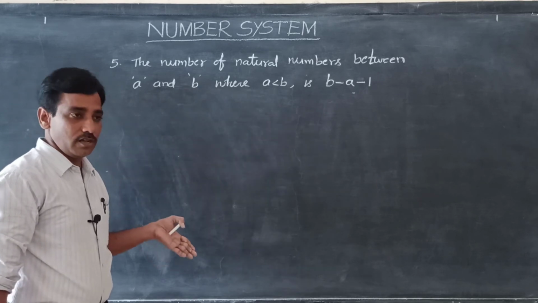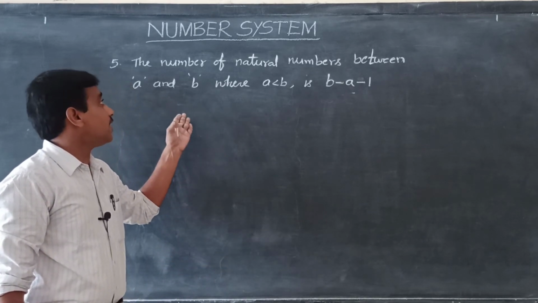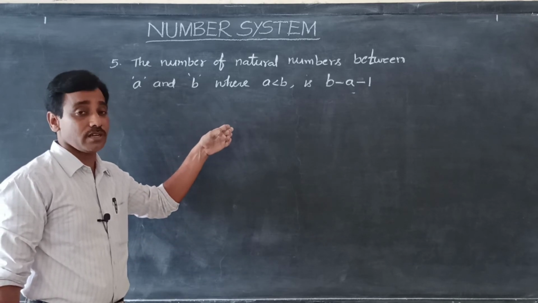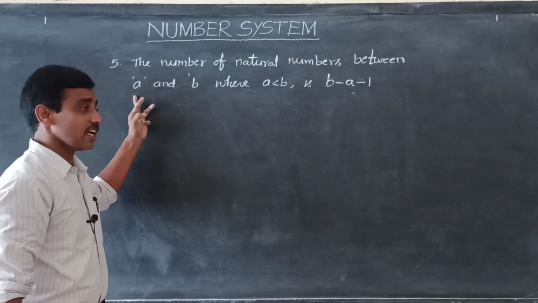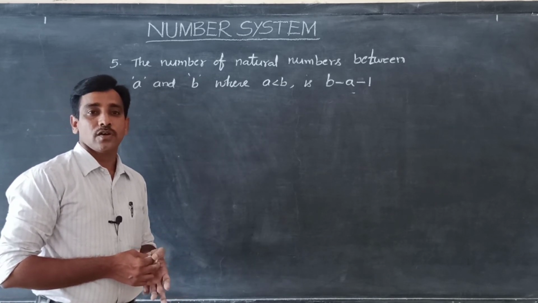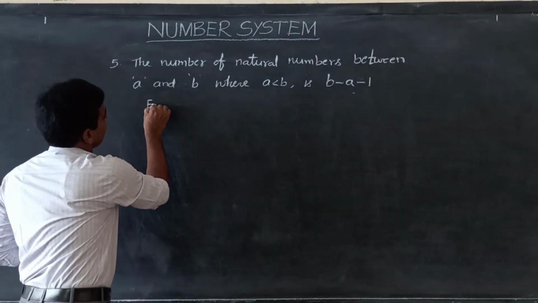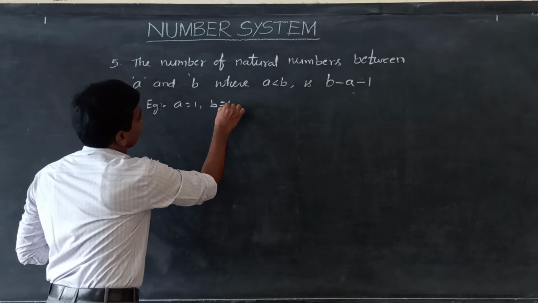For example, how many natural numbers between 1 and 10? 1 is A, 10 is B. How many numbers do we have? Suppose A equal to 1, B equal to 10.